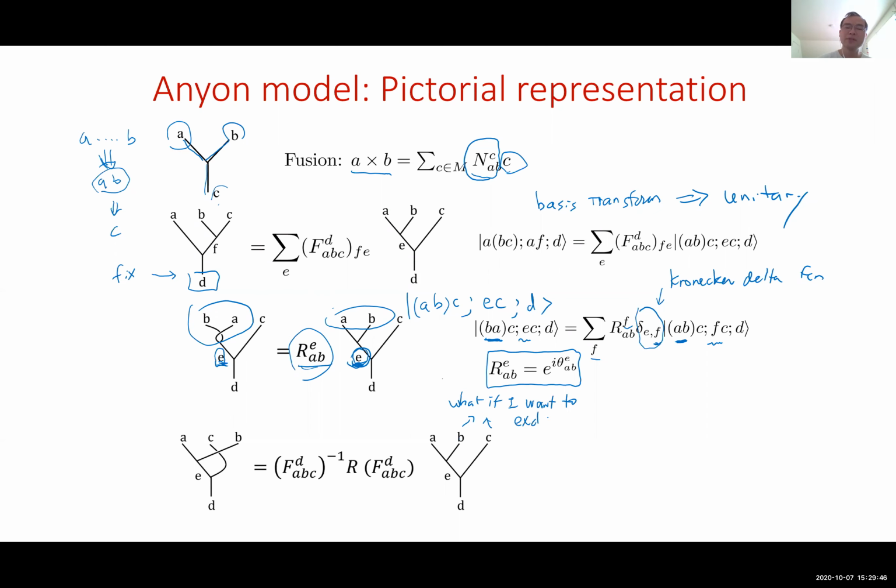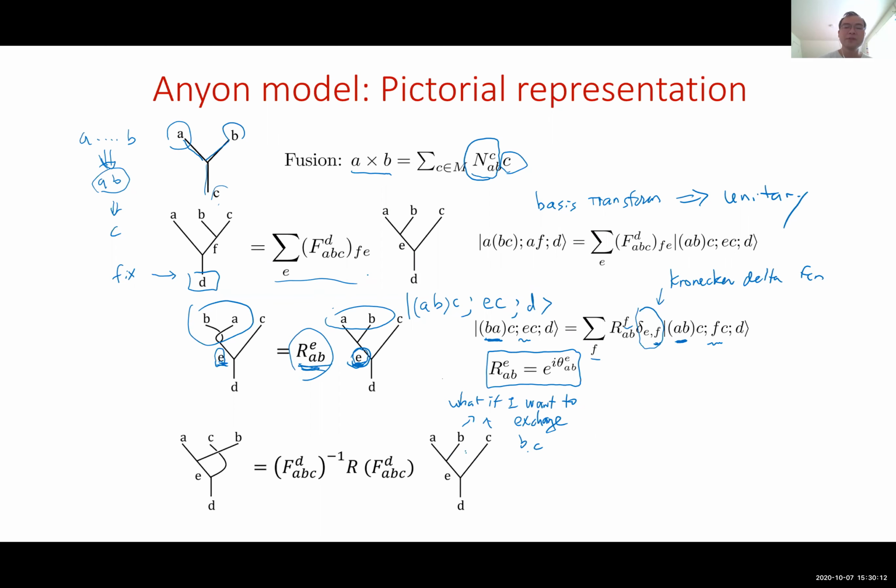If I want to exchange these pairs of anions, unfortunately, in this fusion sequence they don't fuse directly together, right? So I cannot do this. I cannot just say it's a vector. But what I can do is use this basis transformation.